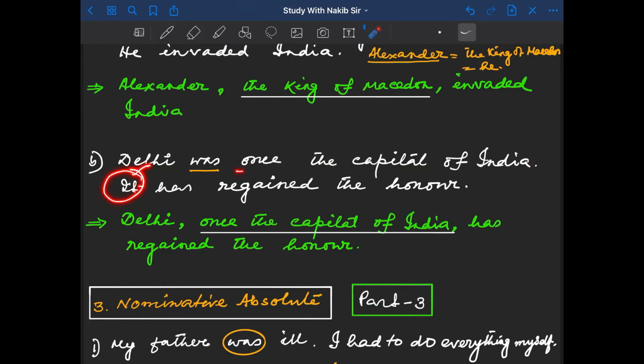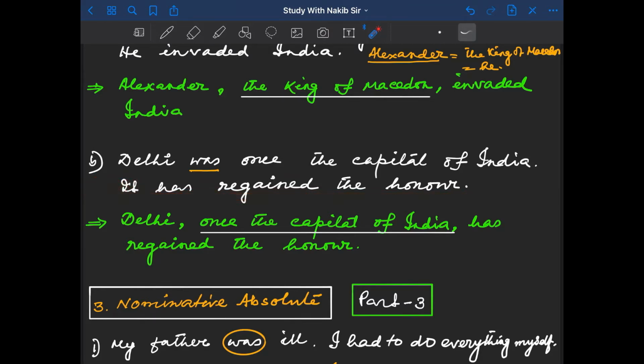So these three, Delhi is equal to the capital of India is equal to it. So in place of it, I will use Delhi first. See what happens. Delhi has regained the honor. Okay, this is the sentence. Delhi has regained the honor.